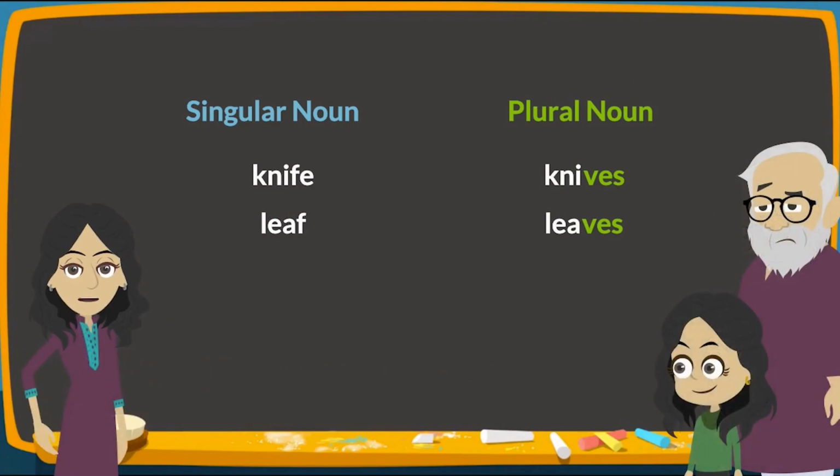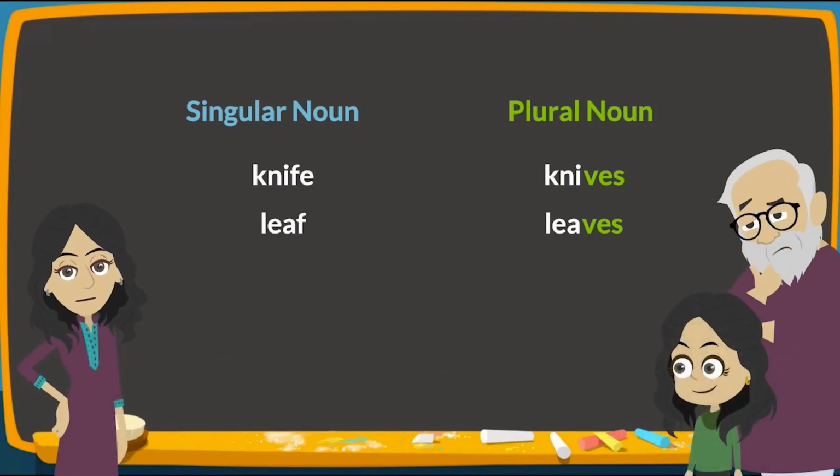There are some words that end with f or fe, but its plural ends simply with s. Examples of such words are roof, for which the plural is roofs, and giraffe, for which the plural is giraffes. English spelling can be tricky.